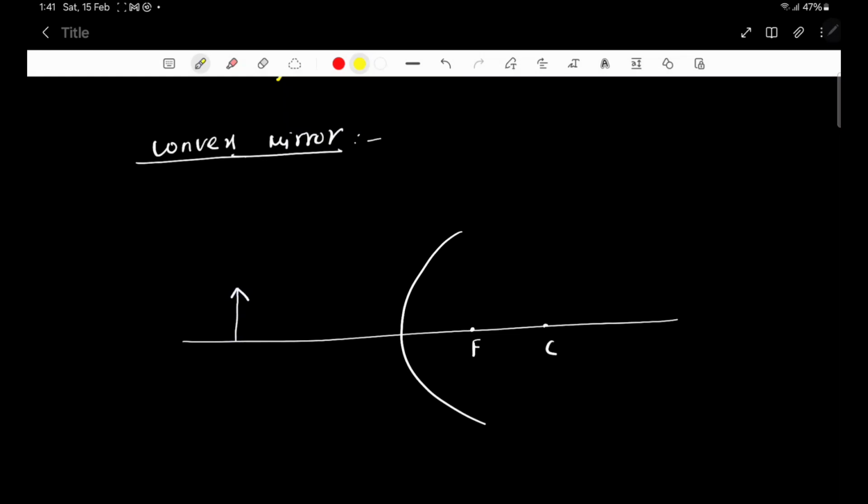This object can be placed anywhere, at any finite distance from the convex mirror, and if it's placed at any finite distance, the image location can be pinpointed by using the image formation ray diagram. I will apply rule 1 first. I can draw one light ray which is parallel to the principal axis.